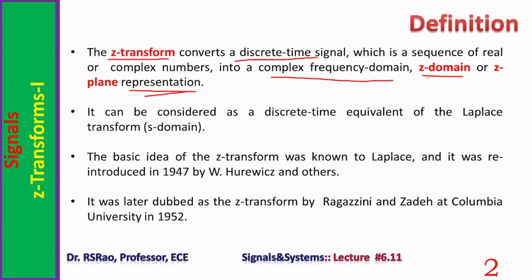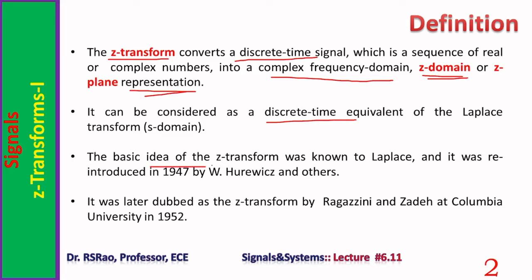It is called Z domain or Z plane. As already mentioned, it is the discrete time equivalent of Laplace transform. Laplace transform works on continuous time signals, whereas Z transform is concerned with discrete time signals or sequences.